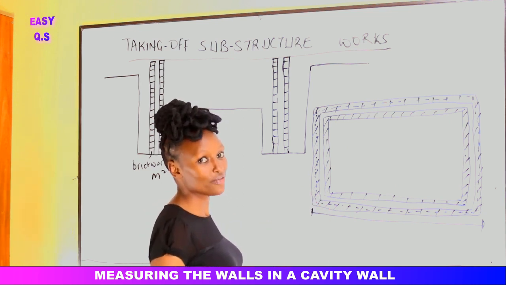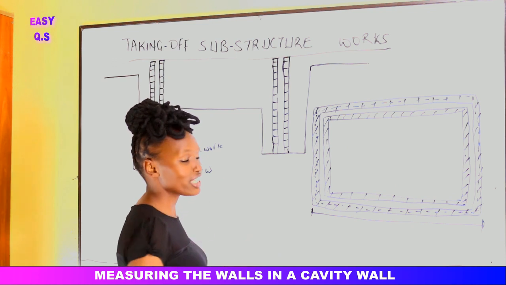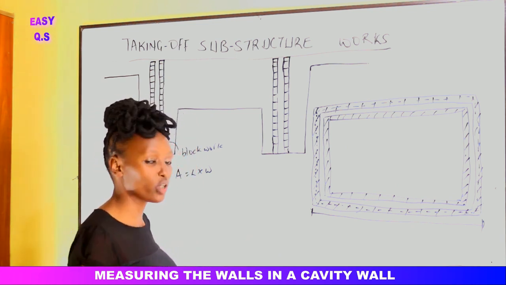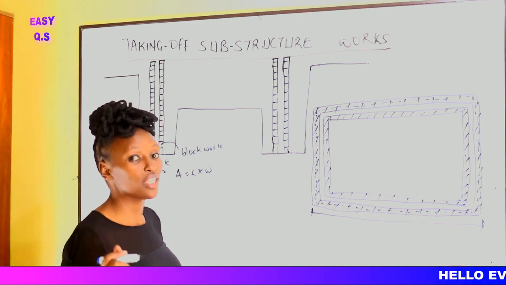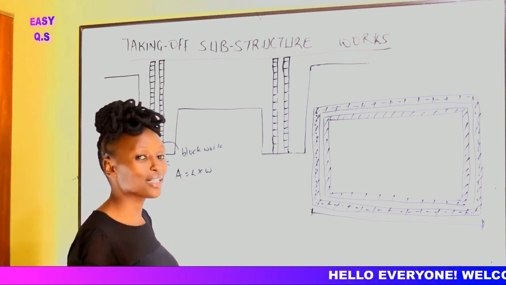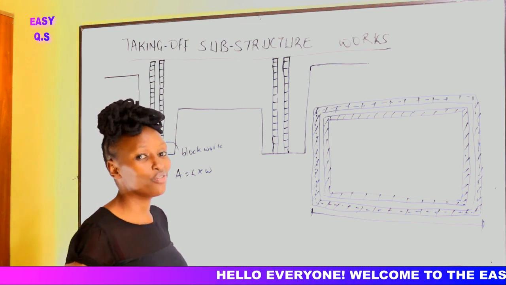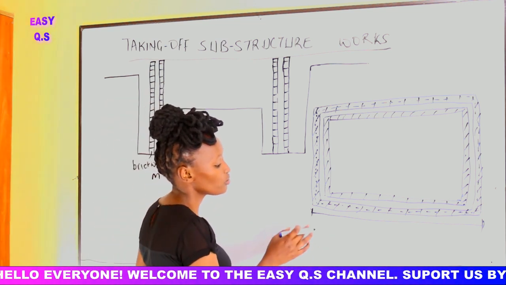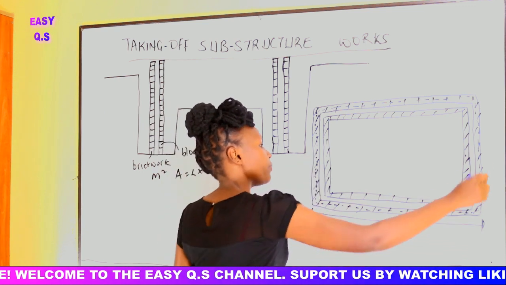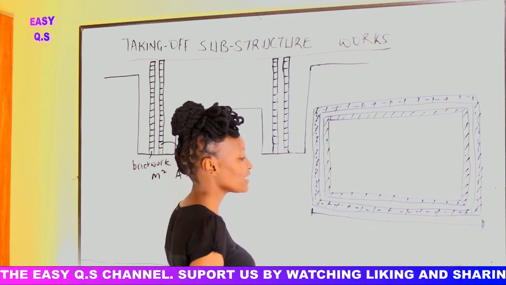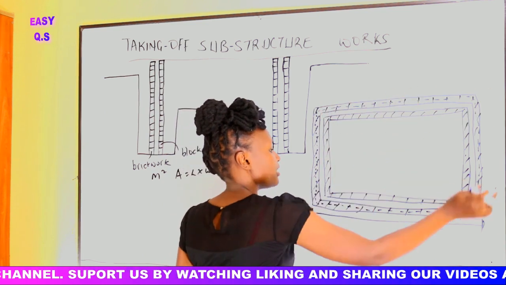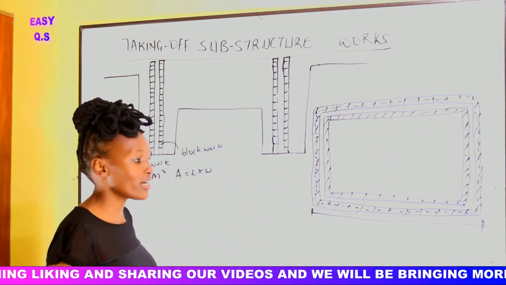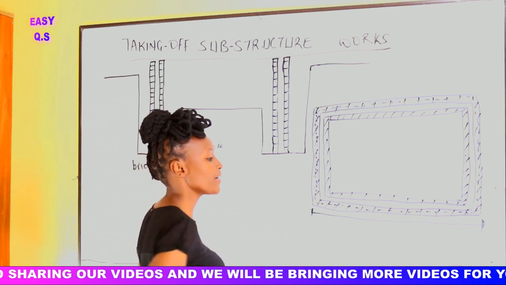If you haven't seen our video on calculating the center line, you need to check it out, and we shall pin it in the description box so that you can see how we do the center line calculation and practice it, because in taking off we need center line calculations. So in simple terms, we shall take the external perimeter of the building, deduct number of corners times the thickness of the brickwork. So you get the center line of the brickwork.